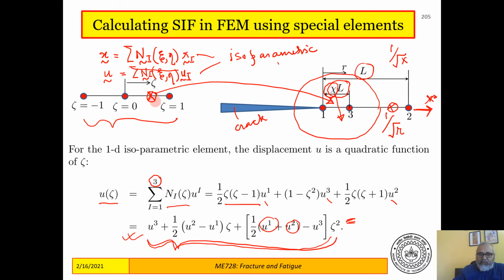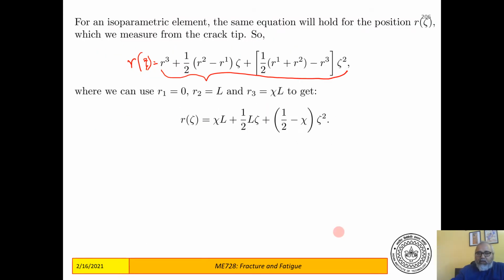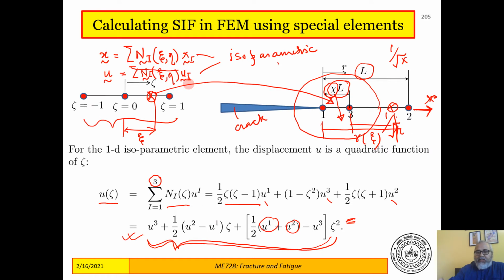If this point is mapped from zeta, this one would be r of zeta, and that would depend exactly in the same way as u does. So this would be r of zeta, and now we can use the actual coordinates here.